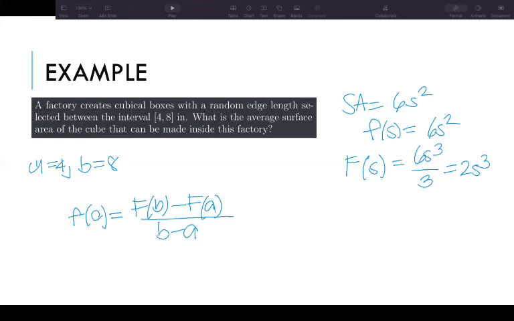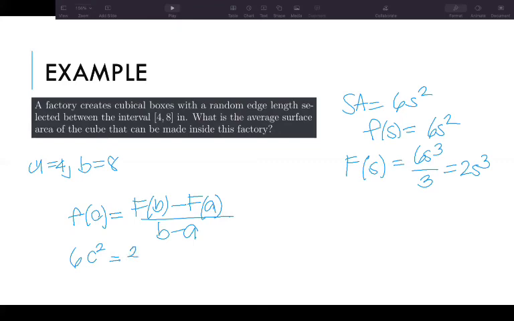So f of c is 6s squared, but since the variable inside is c, it becomes 6c squared, not cube. The cube one is here, the big F.